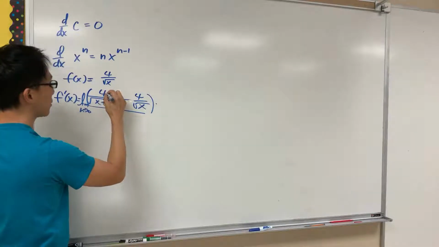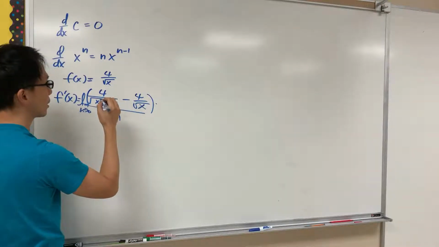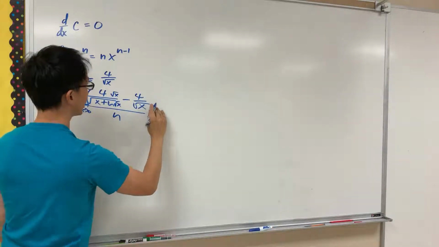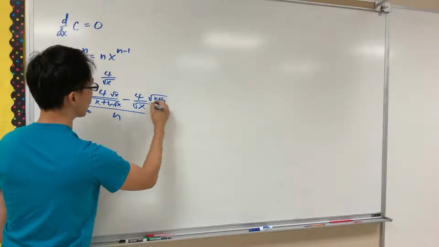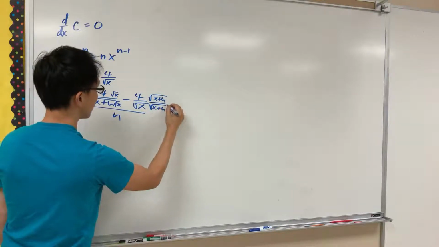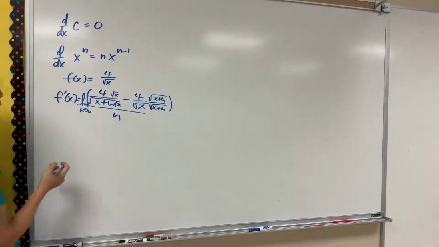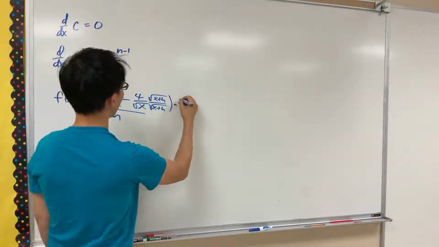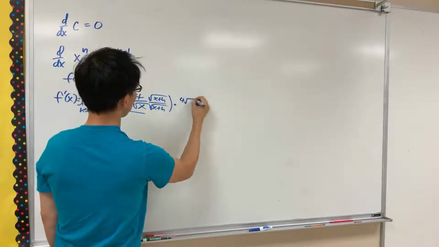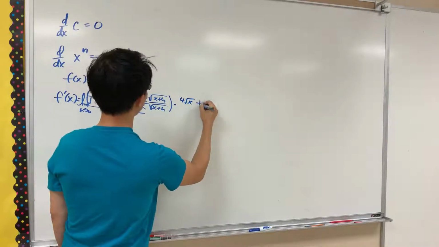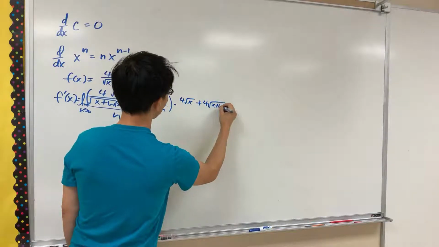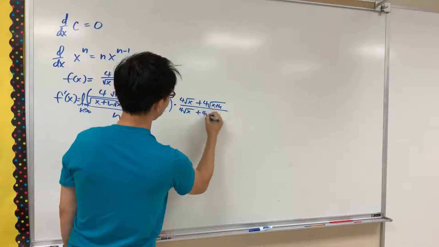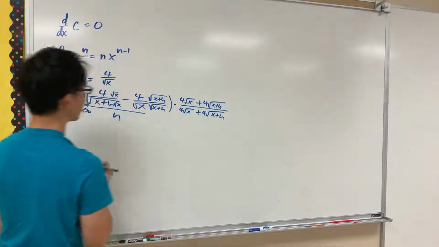So I need to have square root of x over square root of x, so I'm gonna have square root of x here, and here I need a what? Square root of x plus h over square root of x plus h. And just by this, it's a lot of work already. And then you had to multiply by the conjugate from the top. So it's gonna be what? 4 square root of x plus 4 square root of x plus h, all over 4 square root of x plus 4 square root of x plus h. So that's a lot of work.